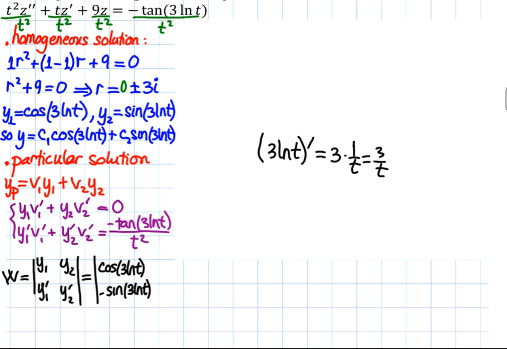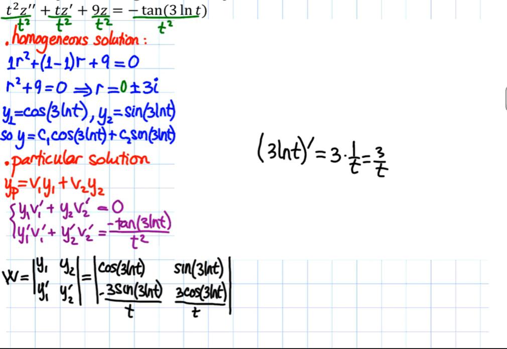So we multiply this by 3 over t. And then we have sine of 3 ln(t). The derivative of sine is cosine, so we have 3 cosine of 3 ln(t) over t.